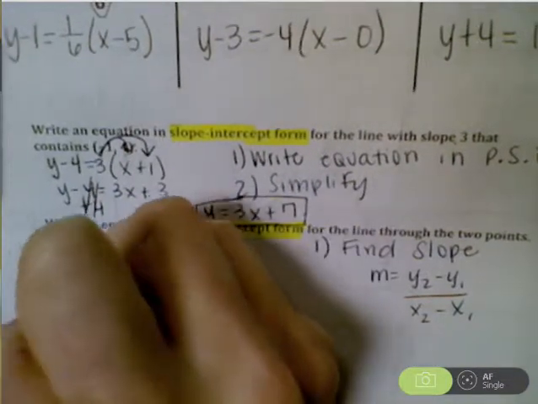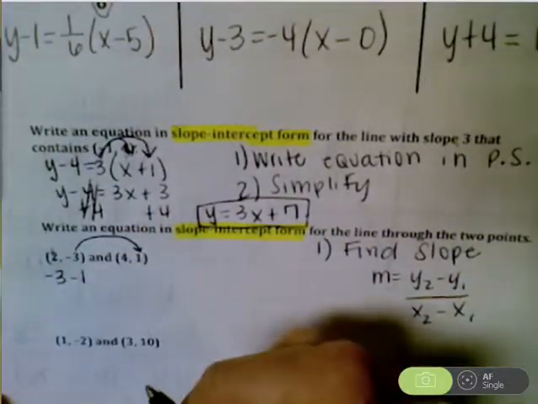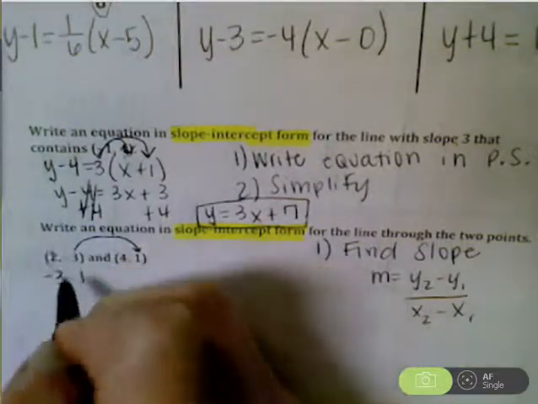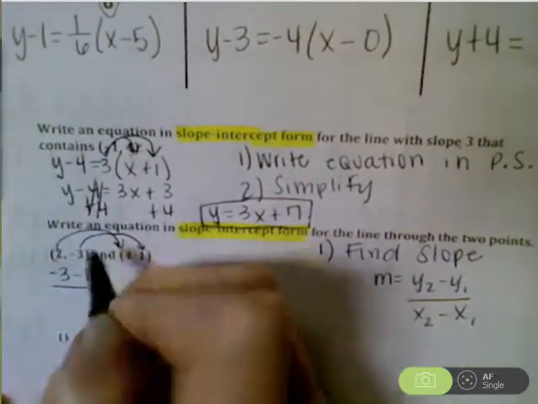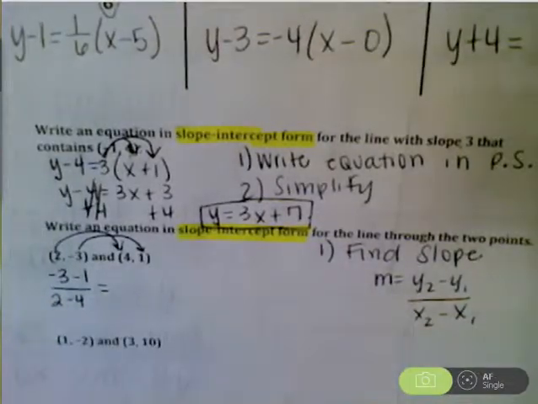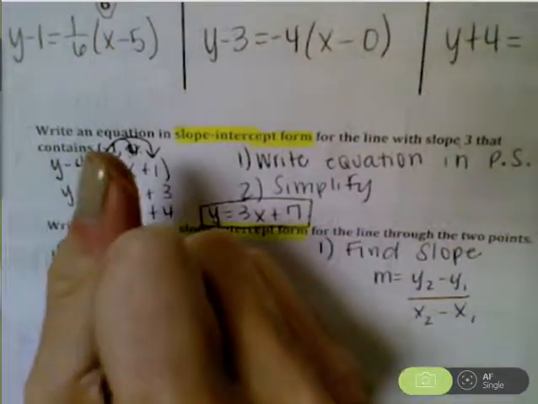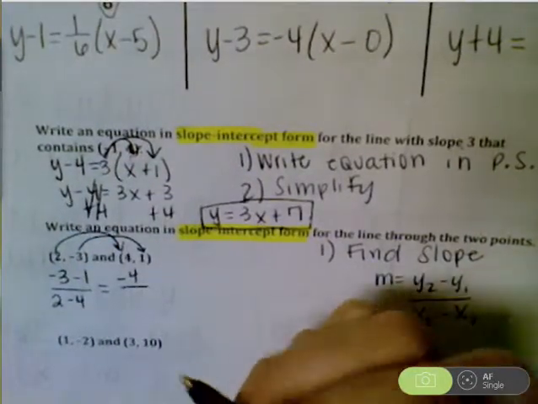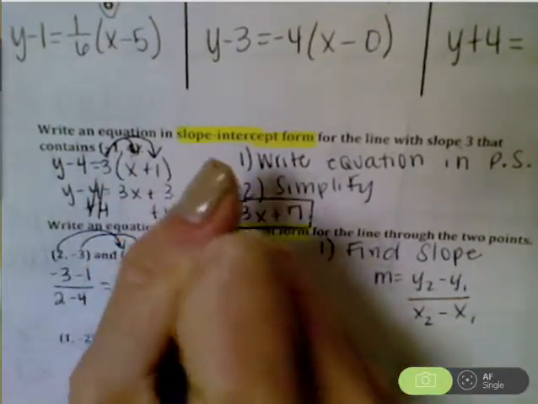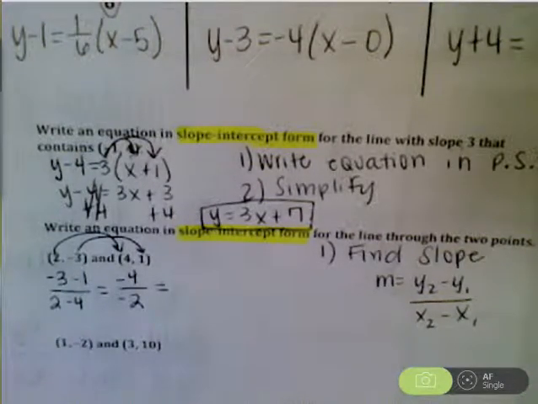So I can do negative 3 minus 1 divided by 2 minus 4. So negative 3 minus 1 is negative 4. 2 minus 4 is negative 2. So what's the slope of this line?